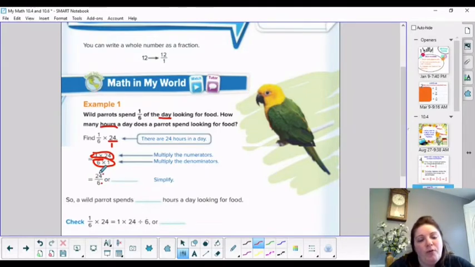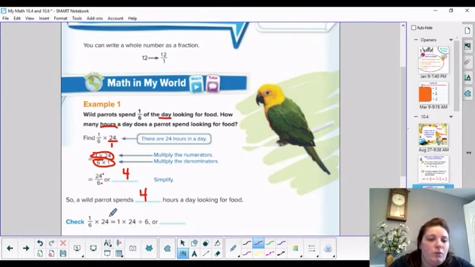Now that's an improper fraction, which is kind of ugly. So I'm going to divide it out. Remember, fractions are division. So 24 divided by 6 is 4. So a wild parrot spends 4 hours a day looking for food. 1/6 of 24 is 4.